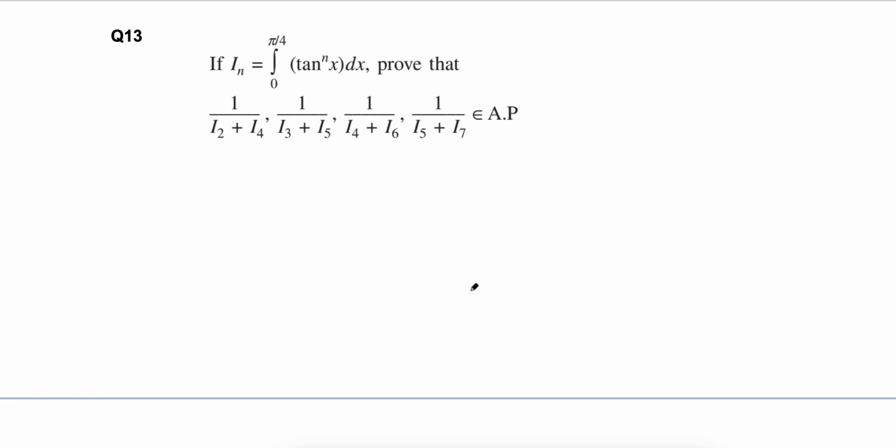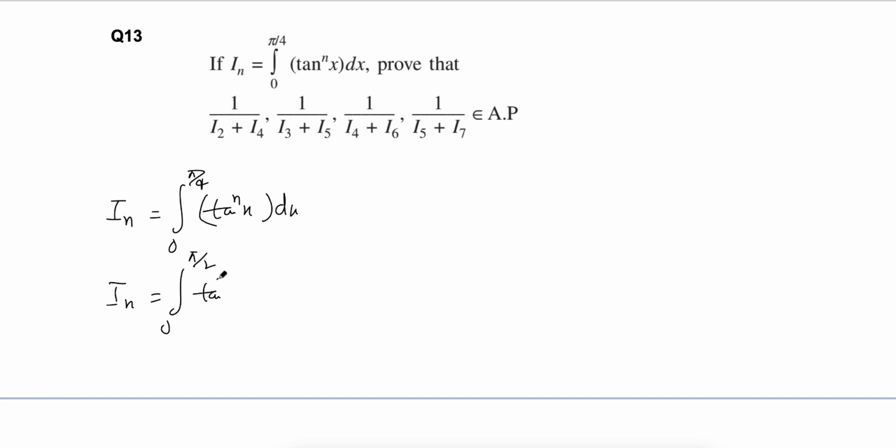Question number 13. By looking at it, you understood that you have to use the reduction formula. No other choice. So first we should derive the reduction formula. I_n is equal to the integral from 0 to pi by 4 of tan^n x dx. Since this is a trigonometric function, we will break it into two parts. This kind of question we discussed in integration.